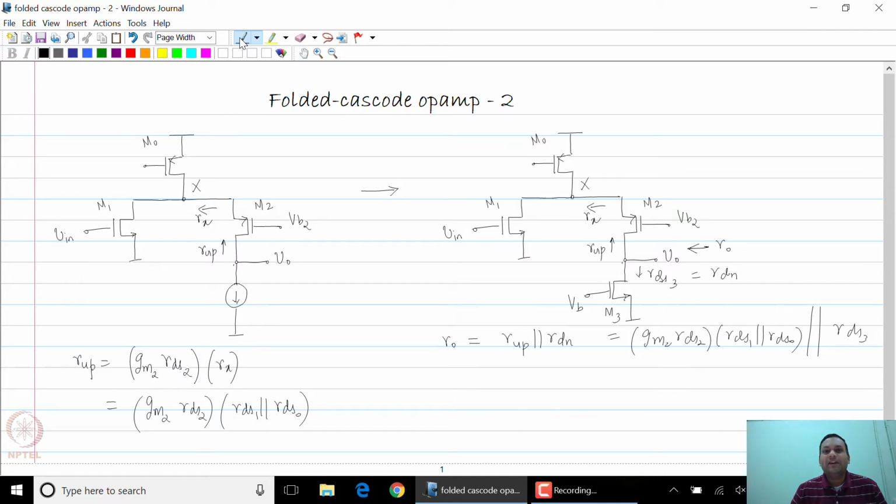It is going to be very difficult to make these of the same order, and typically what you'll find is that R down in such a case will always be much smaller compared to R up. This is not the best case, because you wanted a current source which would have a much higher impedance compared to the impedance looking upwards, which will give you the maximum gain from this particular stage.